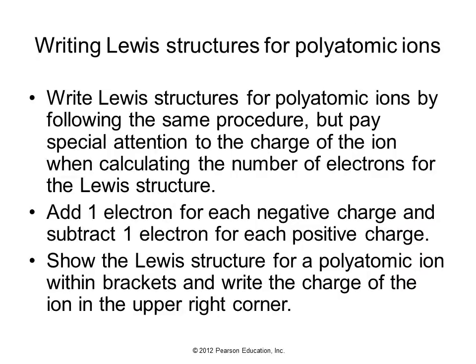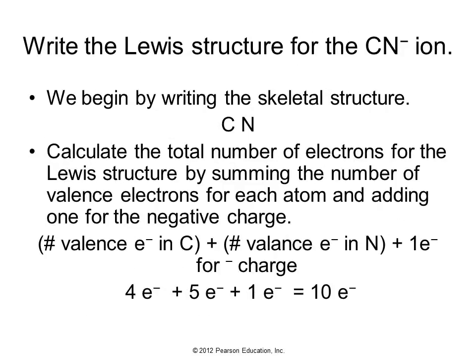When you write the Lewis structure for polyatomic ions, you write the structure by the same procedure, but pay attention to the charge of the ion. Let's practice writing the Lewis structure of the cyanide anion.